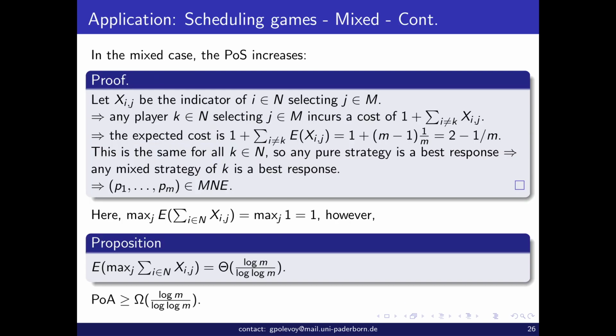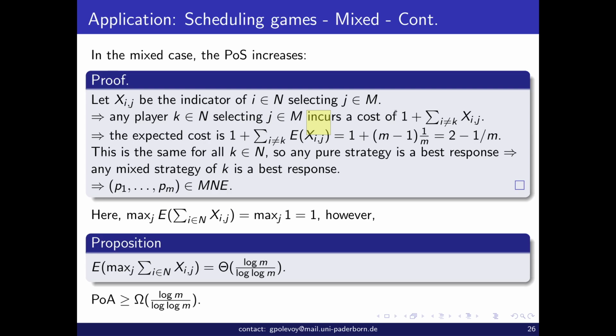So that implies that for any player selecting the pure strategy, a concrete j, the cost the player will incur is the number of players who choose the same machine.